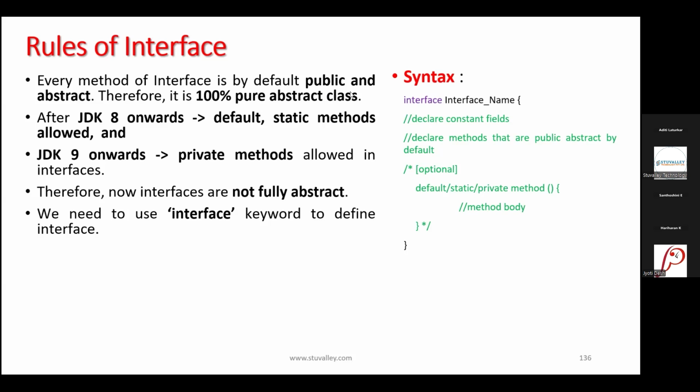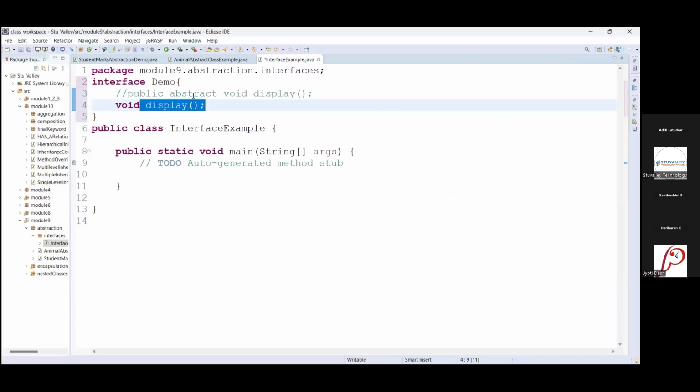We can achieve full abstraction through interfaces. So this is an example. Here we have created one interface named demo. This method is by default public and abstract. You don't have to make that method abstract or public externally. It is by default public and abstract.